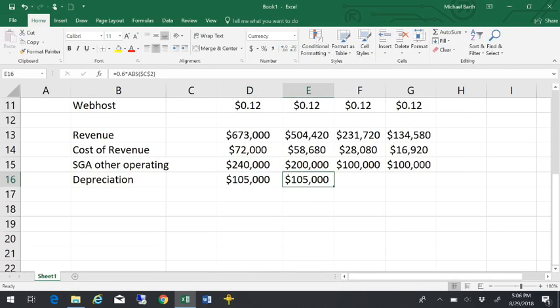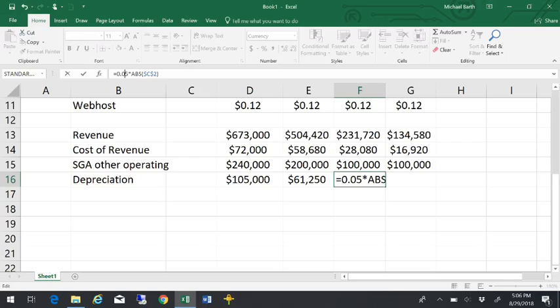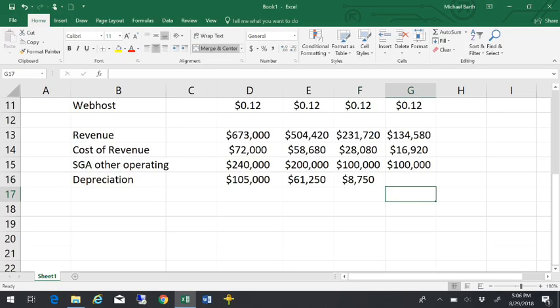It's going to be 35% the second year, and the remaining 5% in the last year. And then the depreciation expense in the 4th year is 0.